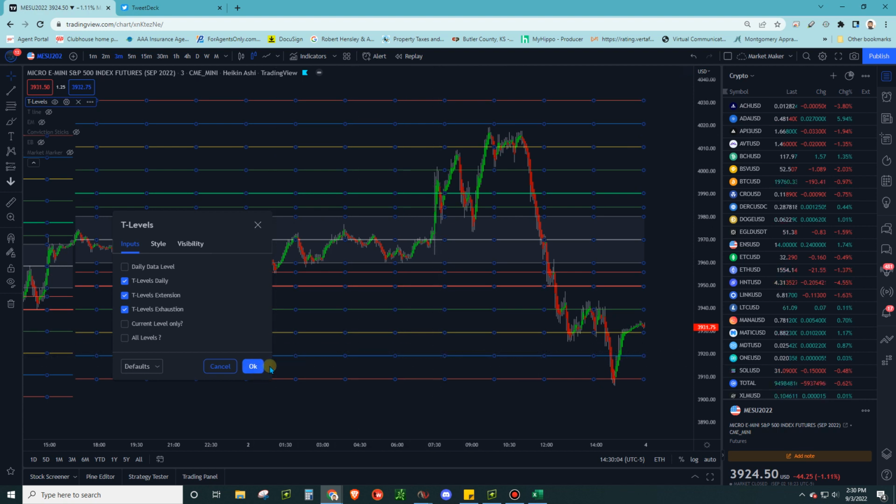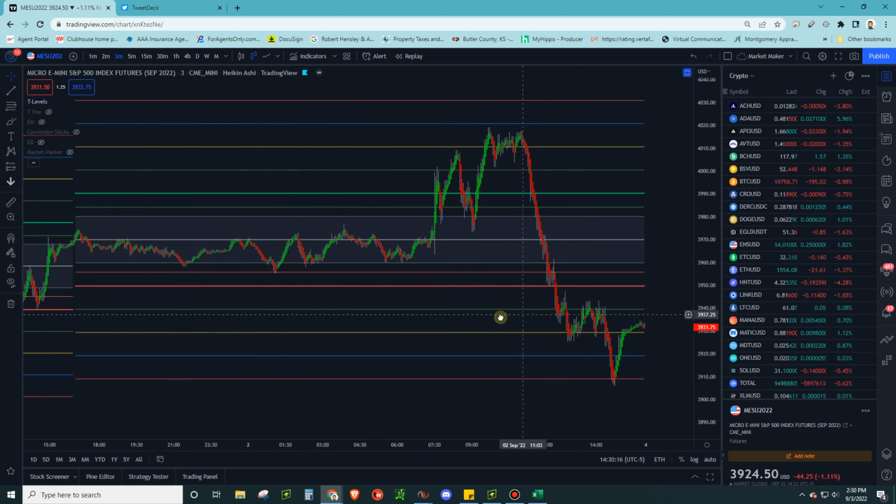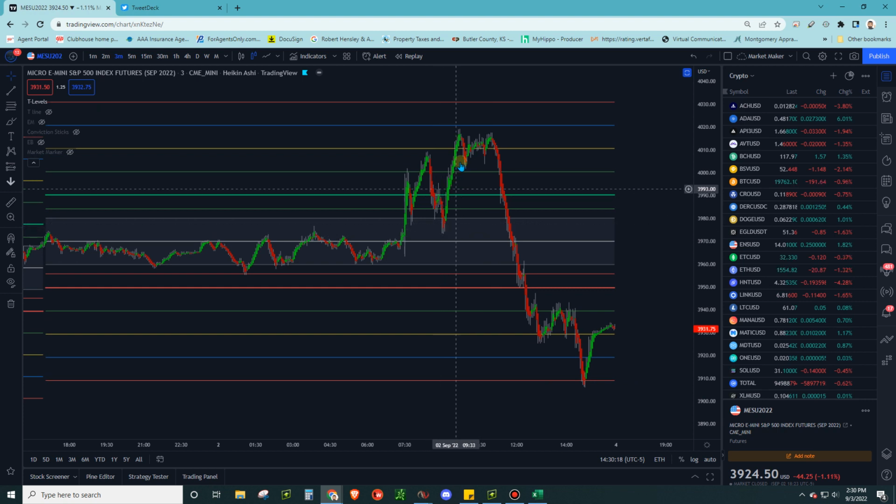If you knew the context of everything that was happening, it was hard to see here, but once it started happening, it was a pretty easy trade to the downside. You can see where these levels played in. You got the bounce there, you got the overextension. Basically you'd be waiting for this level to break on the downside, and once it failed, there was nothing to stop it on the way down.